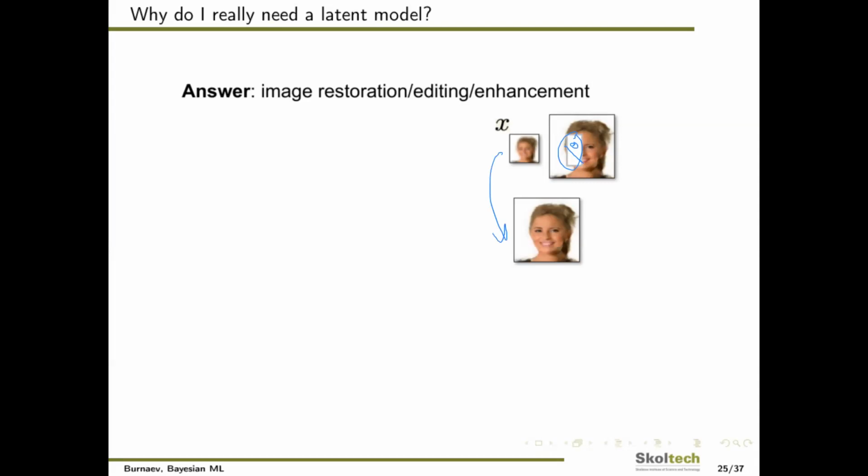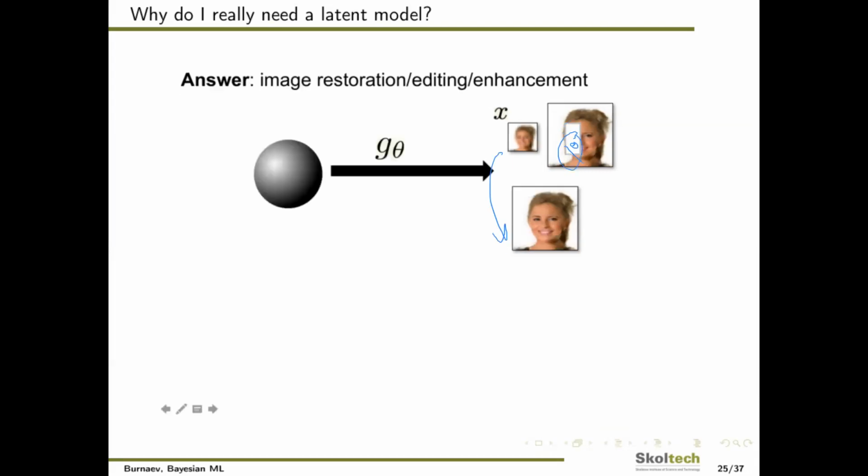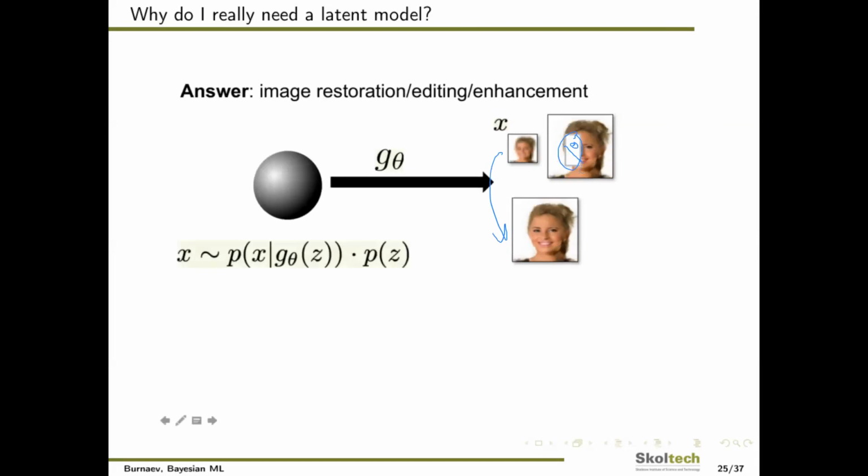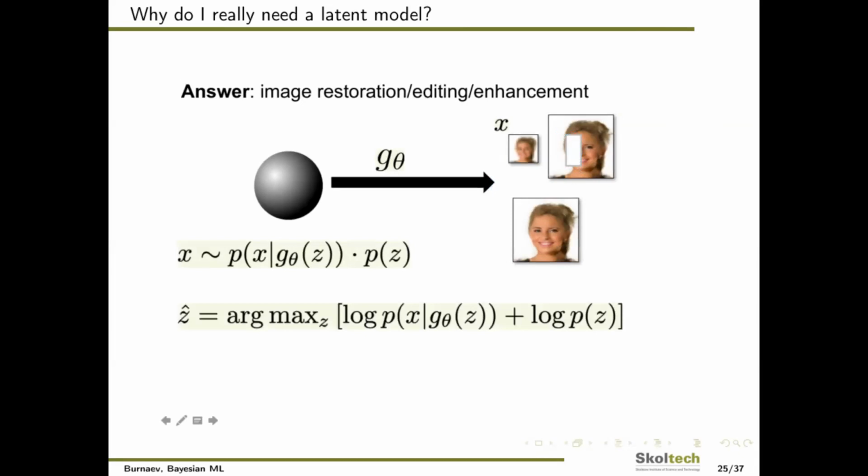We want to have large images, and in all cases we can say that we define the distribution, maybe conditional distribution, and we want to find Z that corresponds to this particular X by maximizing this product of the conditional density of X given Z and the prior.